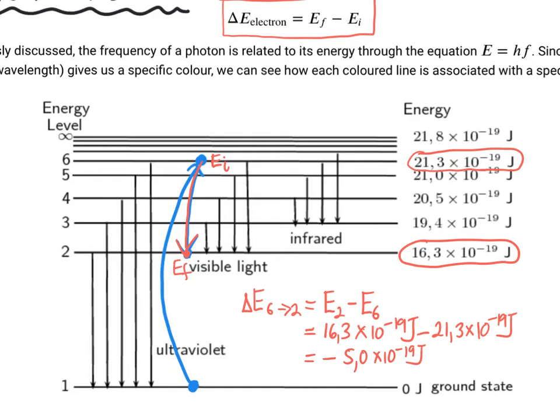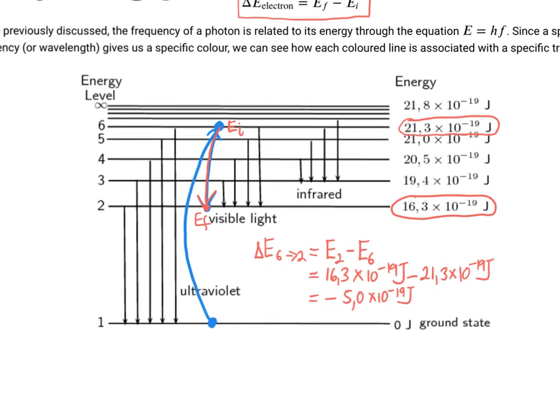Now the reason it is negative is because the electron is losing energy. So this implies, because it's a change in energy, this means it is a loss. So this is a loss of energy for the electron.